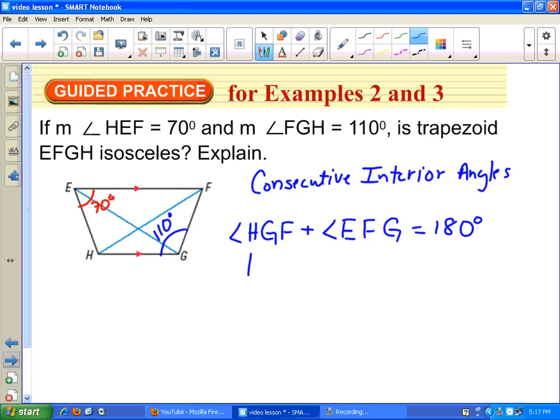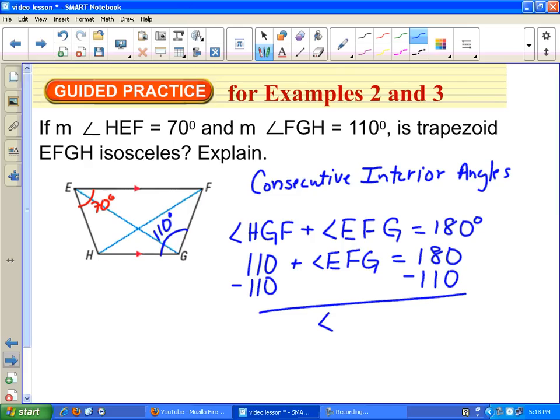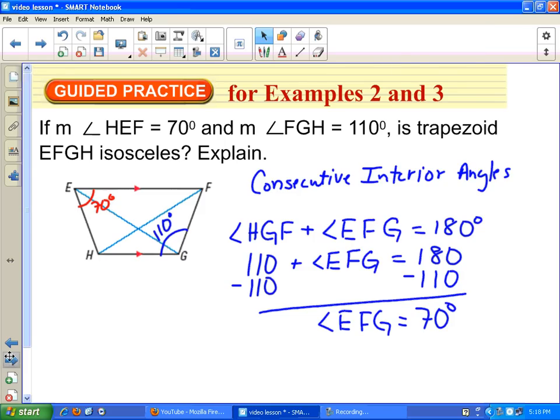So if I quickly substitute 110 in for HGF, then subtract my 110, angle EFG equals 70. So now we know that I have our two angles here, they're both next to the same parallel line, and both are 70.